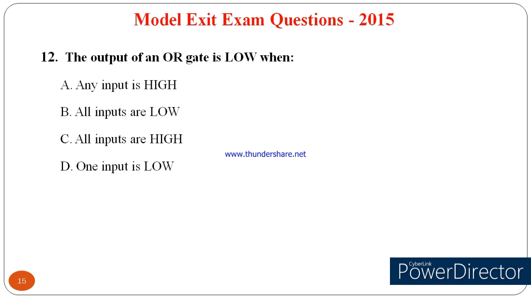Otherwise, the output of an OR gate is high. So, the answer for this question is B. That is, all inputs are low. When all inputs are low, the output of this gate is low.